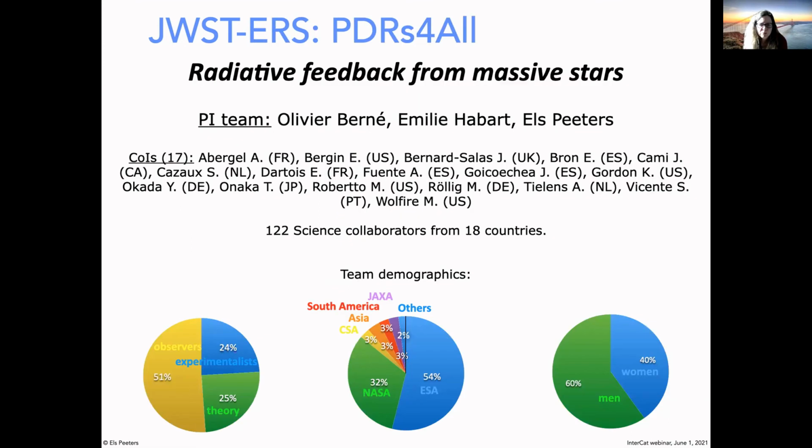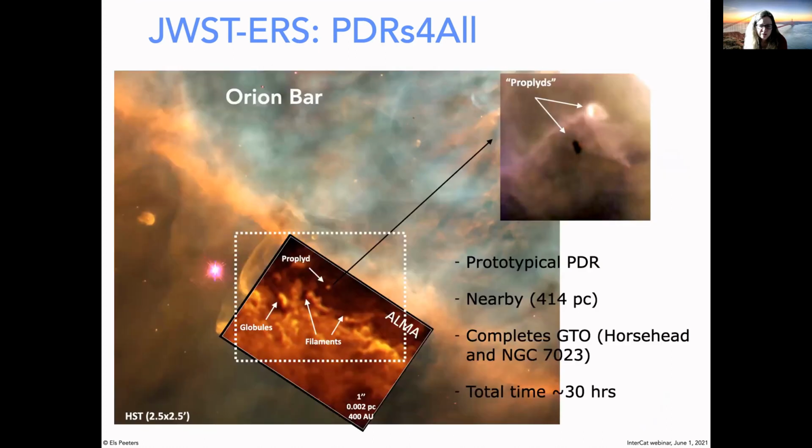And so in that regard, you probably have heard that there is an early release science program on James Webb, which will study the Orion Bar. And so we are very eager to look forward to our observations, hopefully to be taken next year in September.